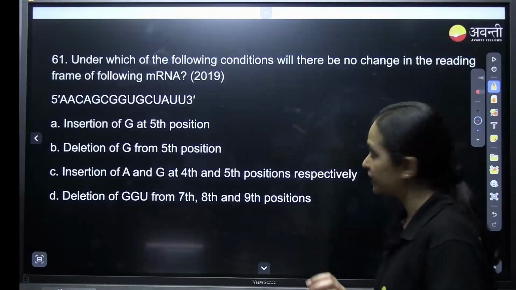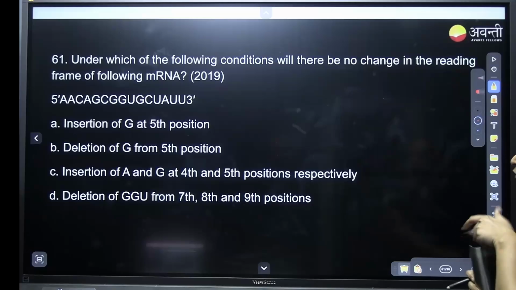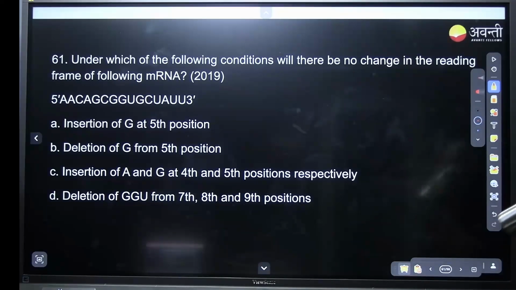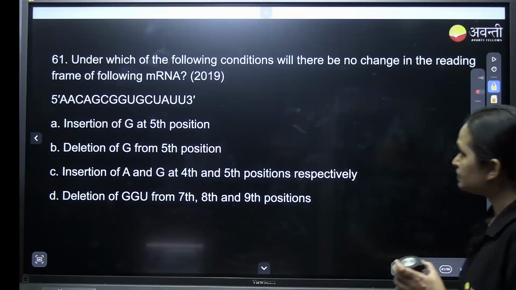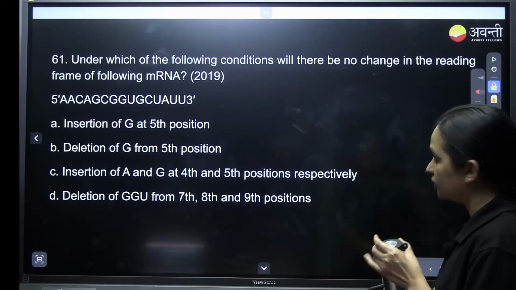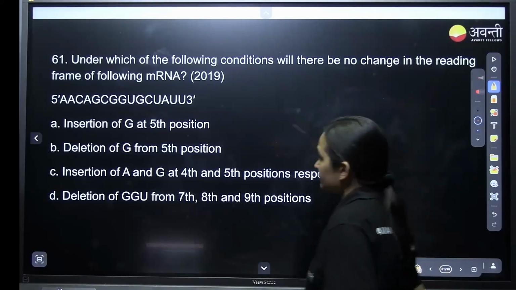Under which of the following conditions will there be no change in the reading frame of the following mRNA? Read the conditions A, B, C, D. We need the reading frame to be the same.